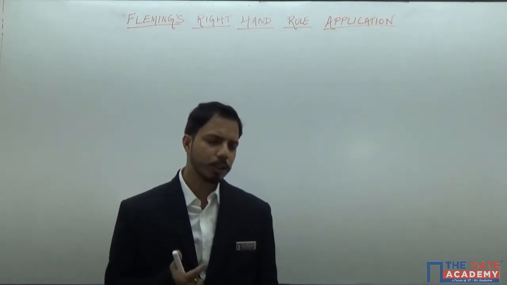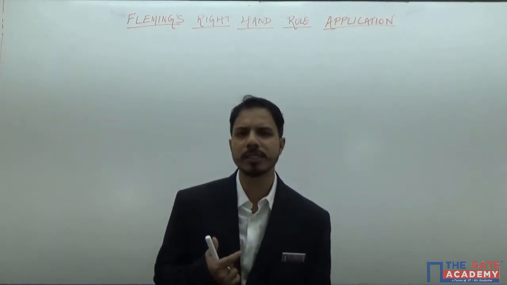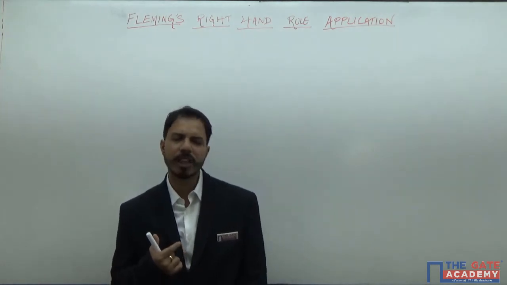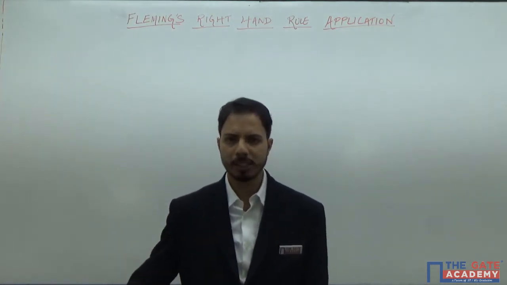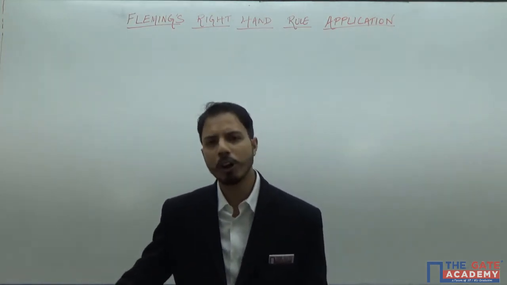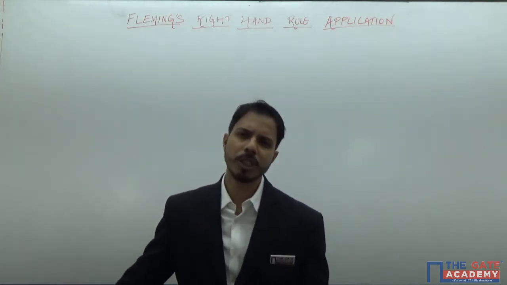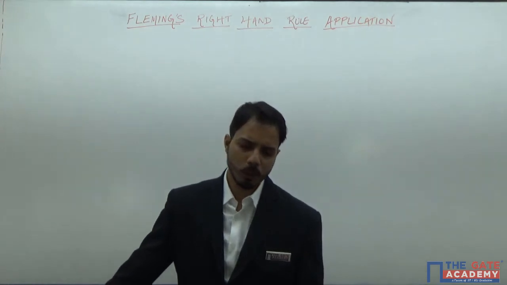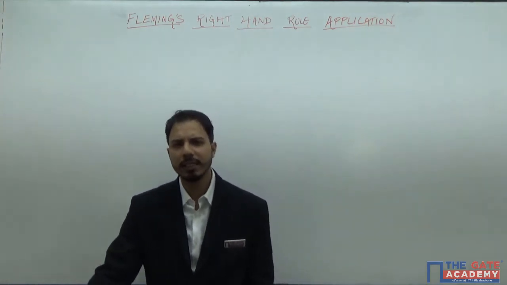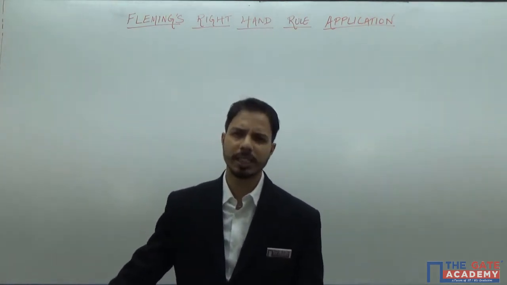Now induced EMF can be explained by Faraday's law. From Faraday's law, we know that EMF can be induced in two ways: one is flux linking and the other is flux cutting action.